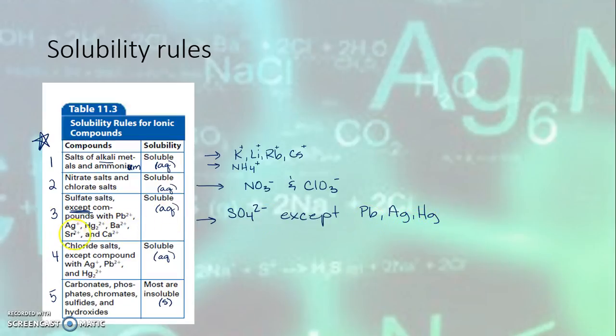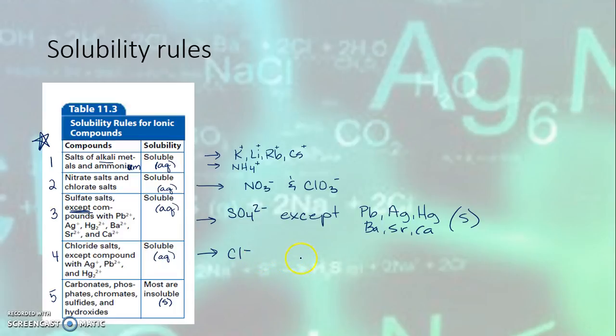All right, and then barium, strontium, and calcium. They're kind of nasty too, but they're okay in my book. All right, so anytime you have Ba, Sr, Ca, Pb, Ag, or Hg with SO4, it'll be solid. Okay, so these will all be solid. Otherwise, it's aqueous.